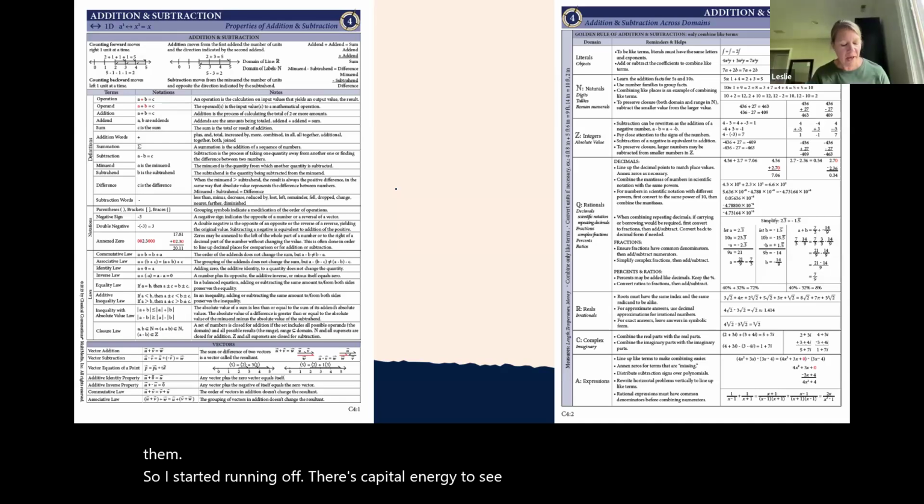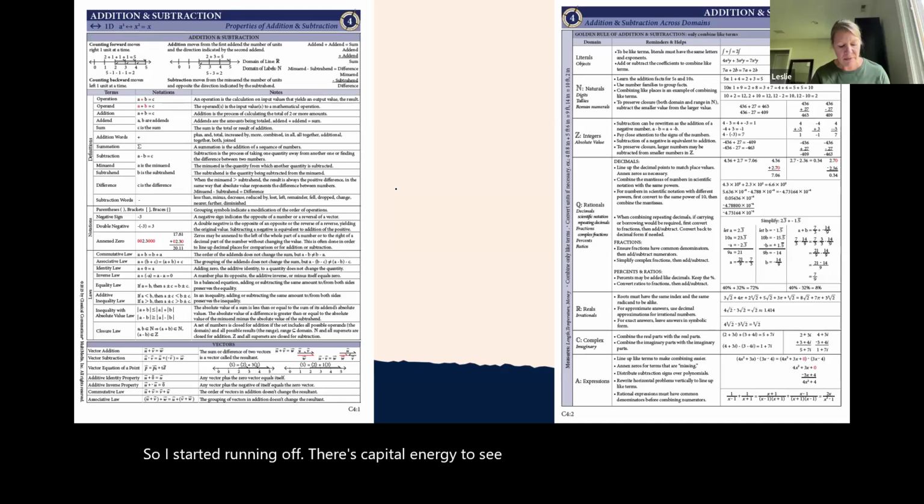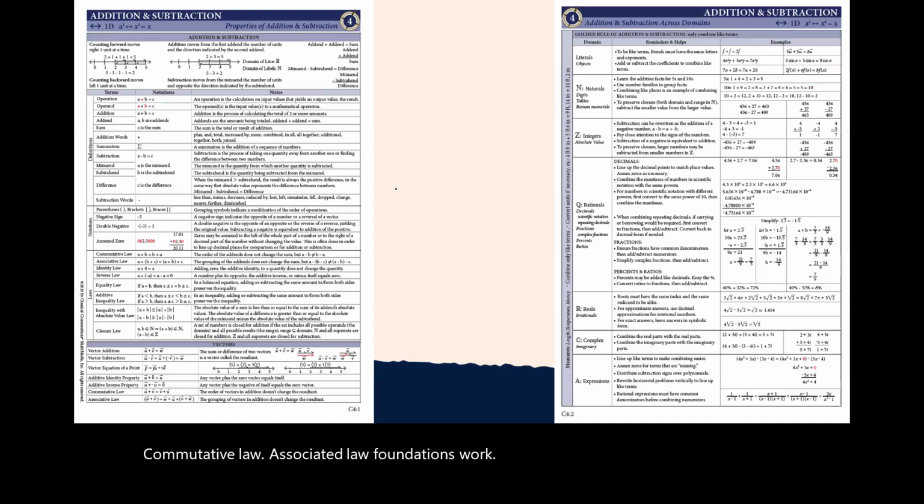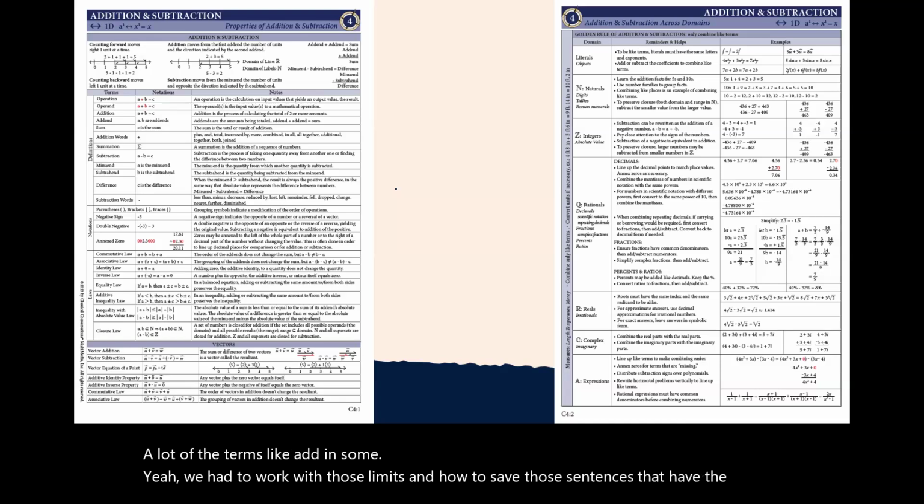I see some laws that we talked about, commutative law, associative law from our foundations work. A lot of the terms like addend, sum, minuend, subtrahend. Yeah, we had to work with those. Limits, and how to say those sentences that have the word limit in them. So that looks familiar now.